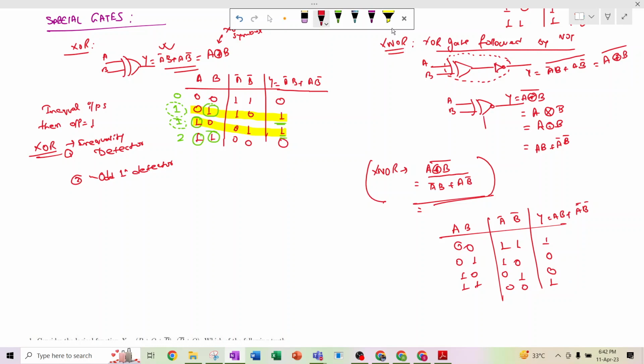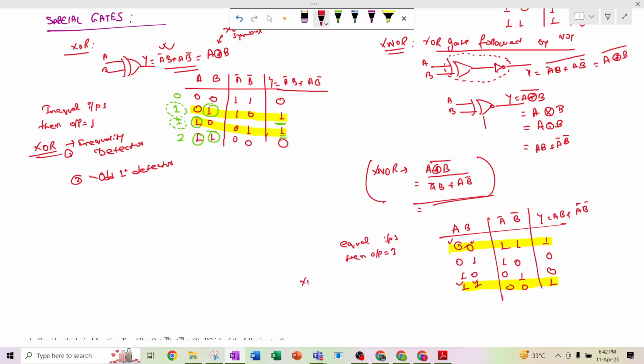So we can see the output will be 1 for this case and for the last case, for these two cases. That means whenever the inputs are equal, 0 and 0 equal, 1 and 1 equal, for equal inputs the output will be 1.